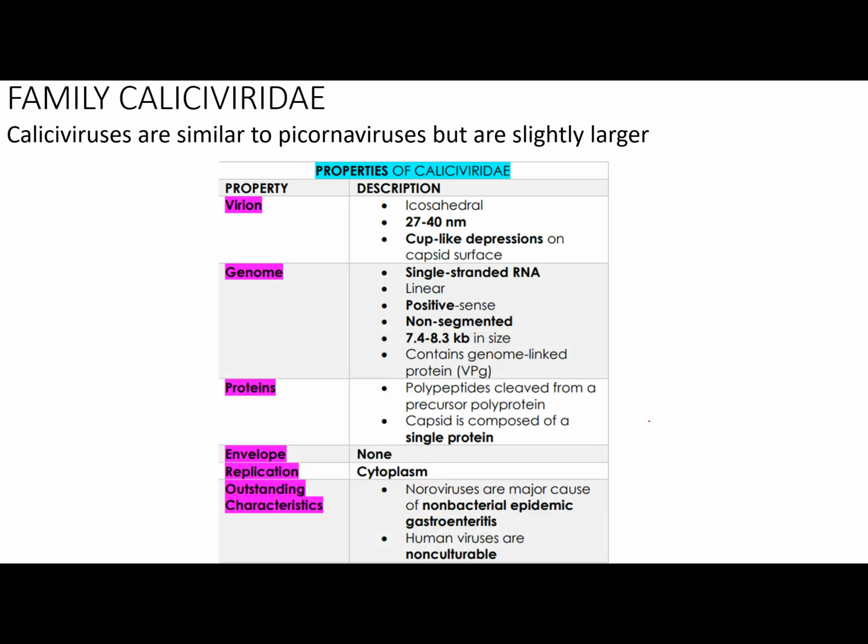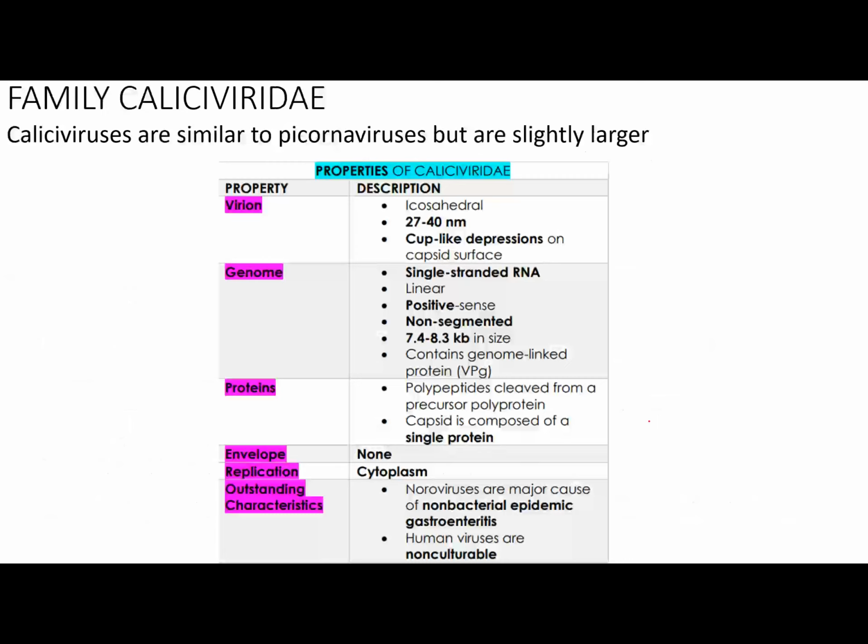Now let's go to the second family, the family Caliciviridae. They are similar to picornaviruses but are slightly larger. The virion is icosahedral, 27 to 40 nanometers. They have a cup-like depression on the capsid surface.